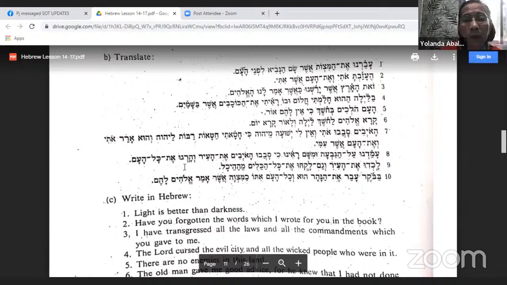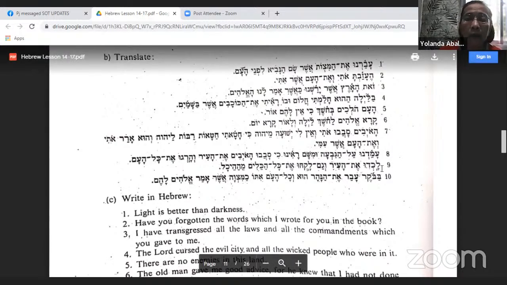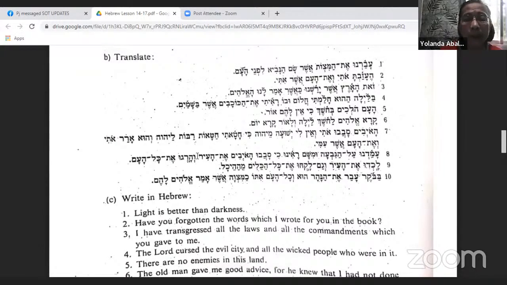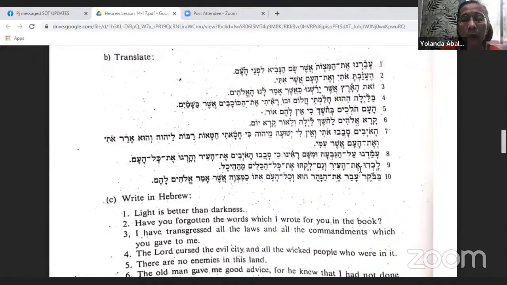Natandaan niyo yung sa word na harag. Harag, slain, killed. Yan. Pag sinabi niyang they hargu, that is the and hargu, harag. They killed. Lakdo, and they captured at Hair, the city.